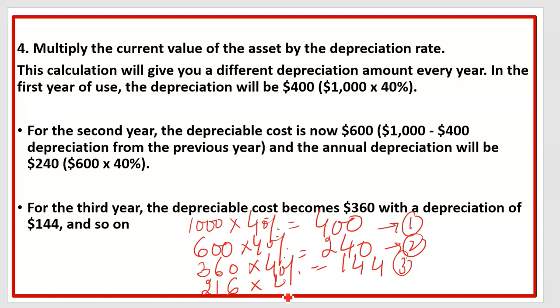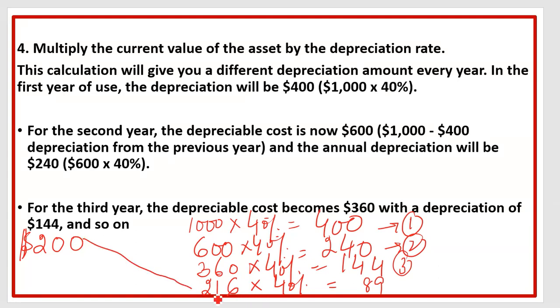When I take 40% of 216, it is approximately equal to $89, and when we subtract 216 minus 89, it will be less than 200. But we have to keep $200 at the end of the life, because this is our salvage value. Always you have to keep it at the end. So in the fourth year, there is no need to calculate the 40% of 216.